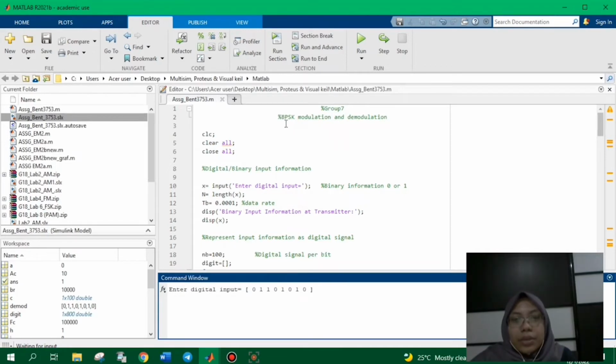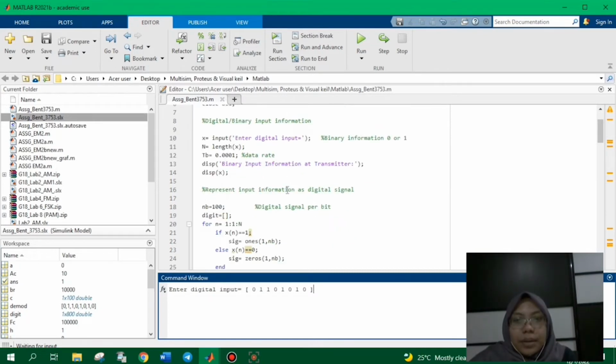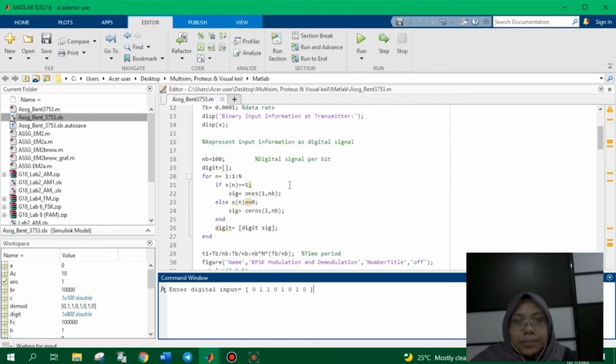Today, I will show the BPSK modulation and demodulation in MATLAB code. First, at digital binary input information, we set the input equal to X to enter the digital input, 0 or 1. Next, this is the code that represents the information as a digital signal.